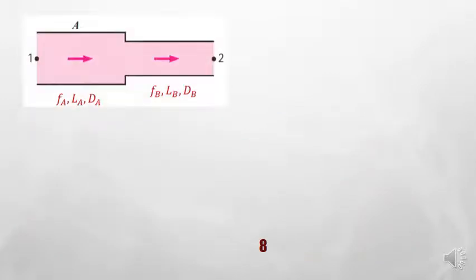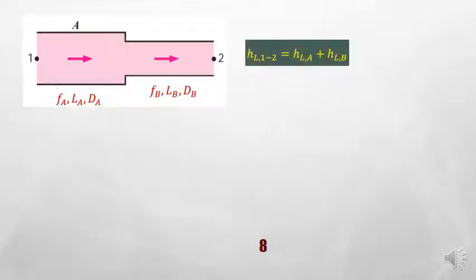When we're talking about the head loss from point 1 to point 2, it can be explained by this equation. For example, if you want to know the head loss occurring between point 1 and point 2, from point 1 to point 2 there are two categories of pipe, A and B, because they have different diameters, DA and DB.